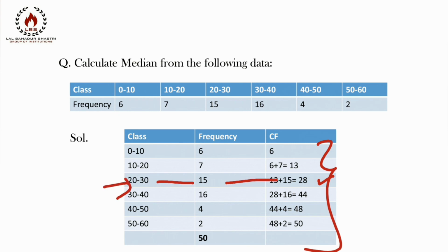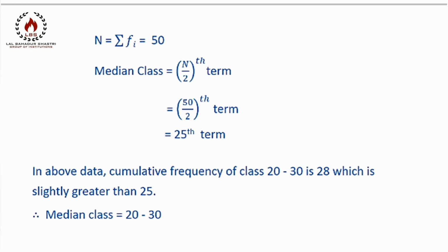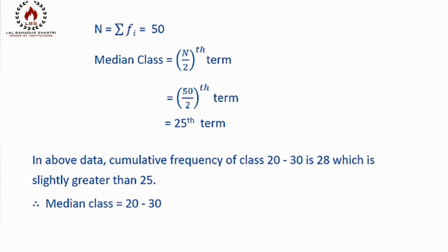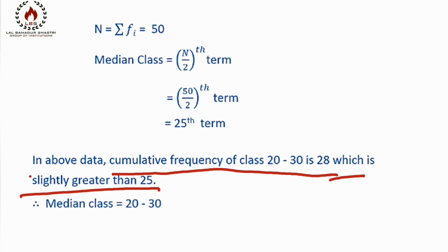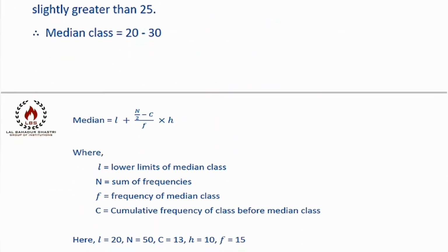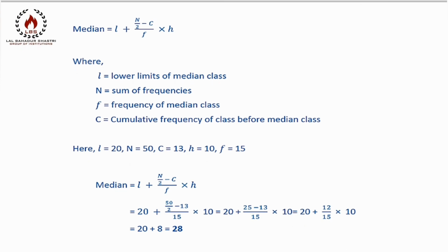So we have located the median class, right? In the data above, the cumulative frequency of 20 to 30 is 28, which is slightly greater than 25. So the median class is 20 to 30. Now we'll apply the complete formula.